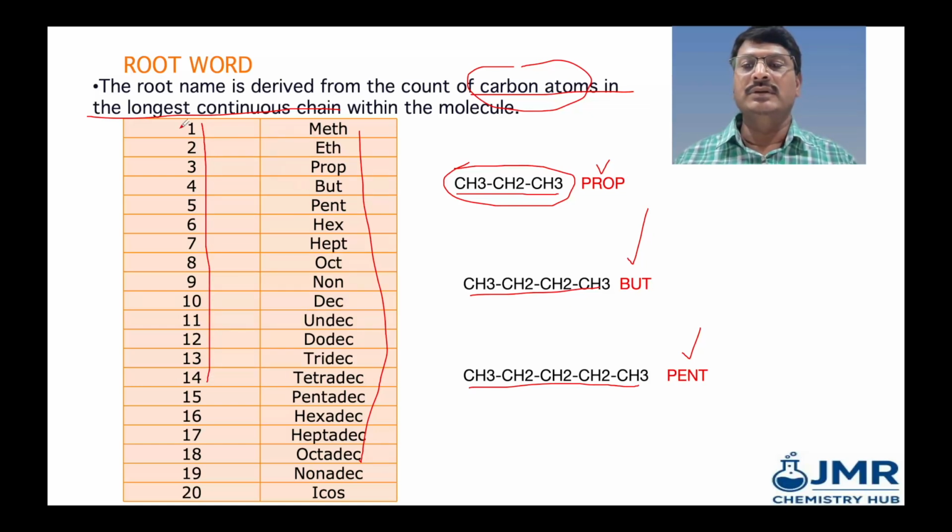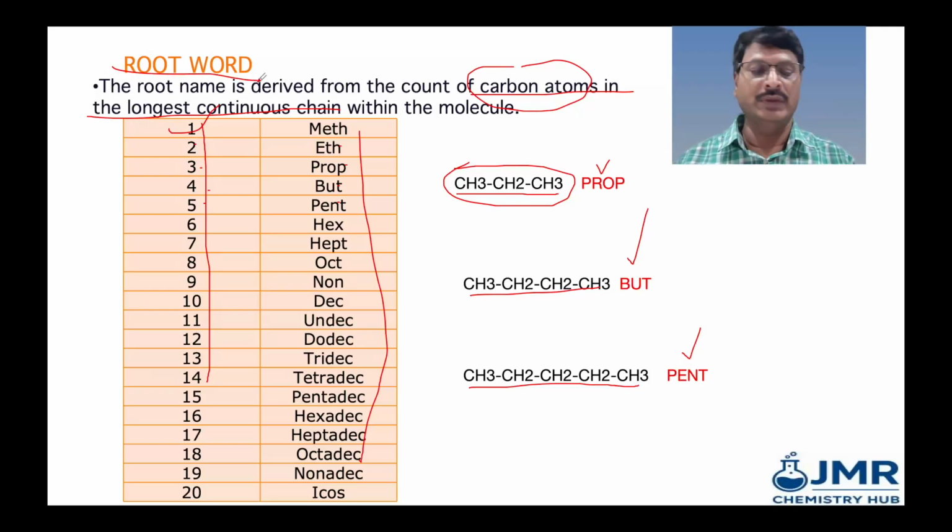If the compound contains 1 carbon in the longest chain, its root word is meth; 2 carbons, eth; 3 carbons, prop; 4 carbons, but; 5 carbons, pent. Like that, the root word name depends upon the number of carbons present in the longest chain.